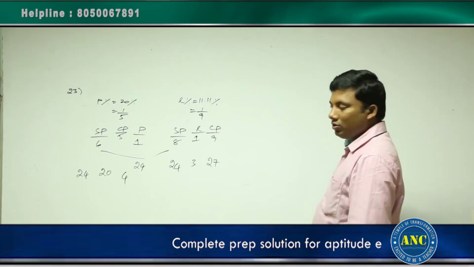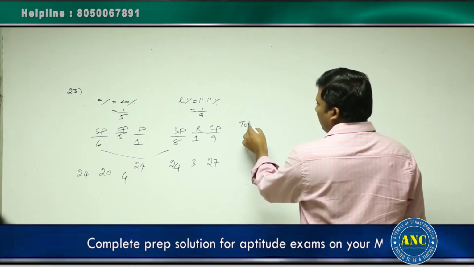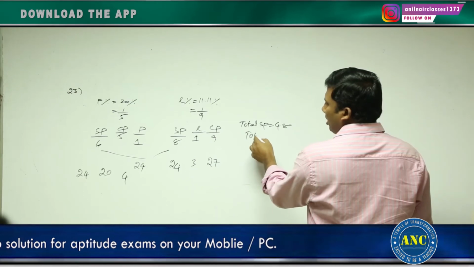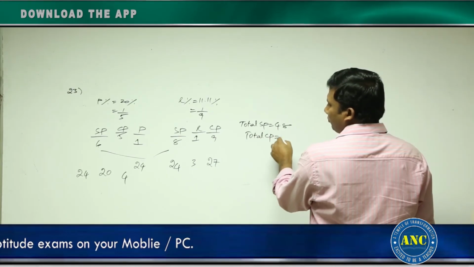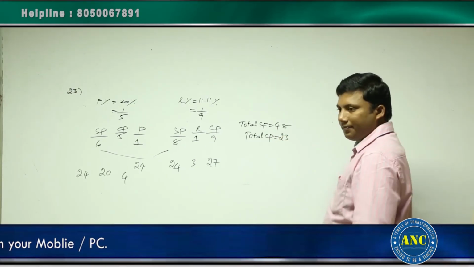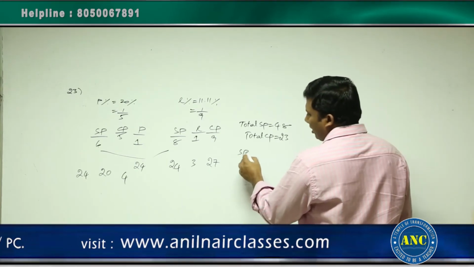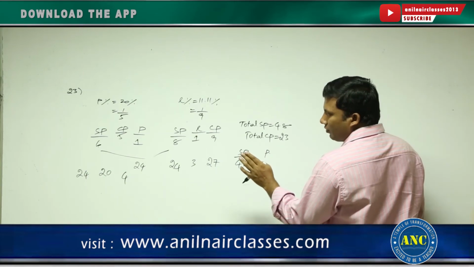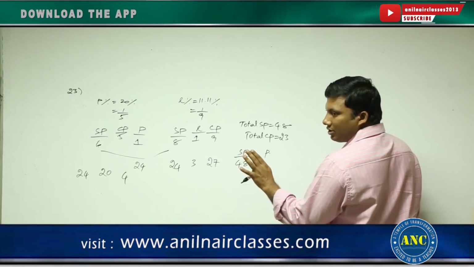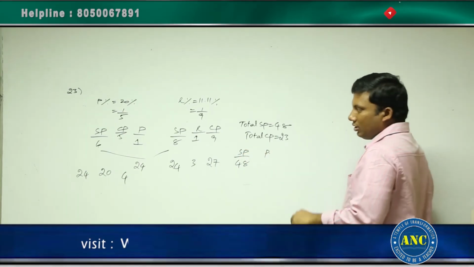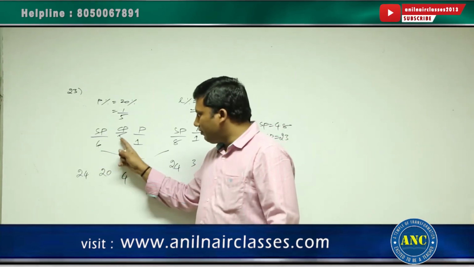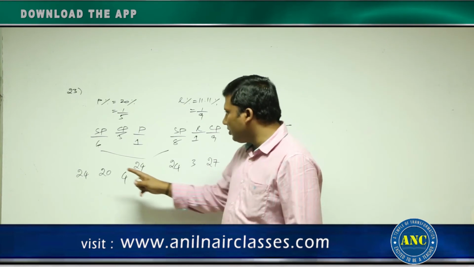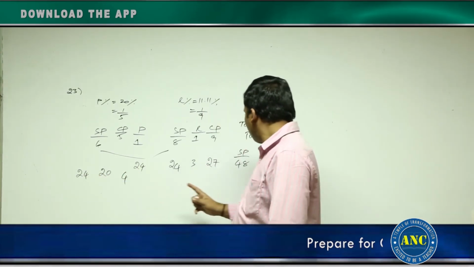That means total selling price is 48. Total cost price will be 47. 5 4s are 20. 8 3s are 24.